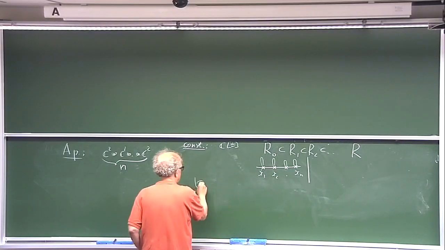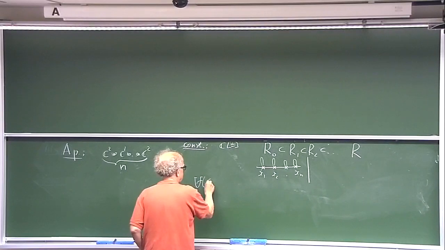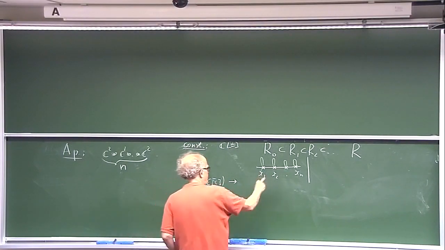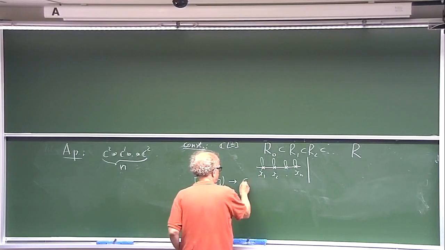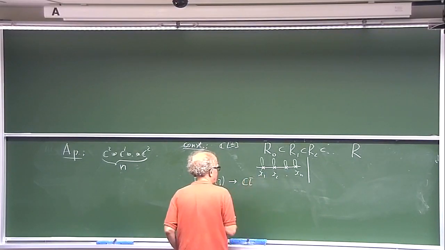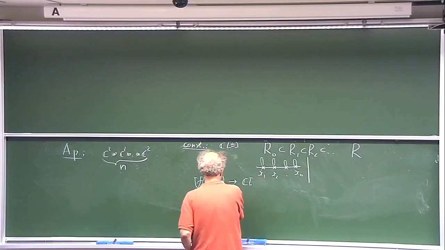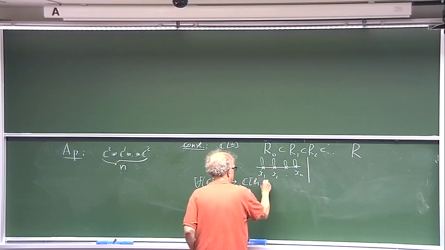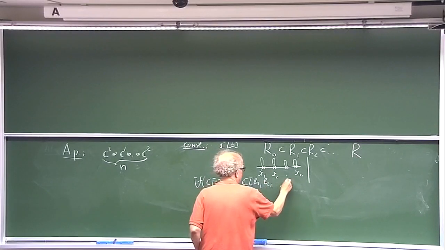I have the universal enveloping algebra of CT. Then here I have a map to polynomials in some generators. Maybe let us denote these generators by B1, B2, and so on, Bn.